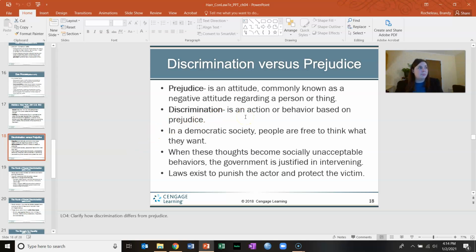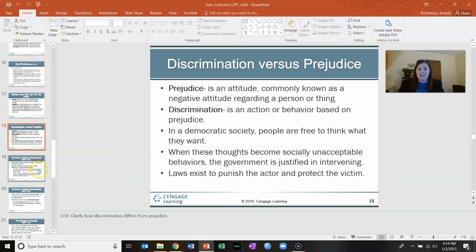Discrimination is an action or behavior based on prejudice. So this is the thought, the attitude; this is the action or the behavior. In democratic societies, we have the freedom to think what we want, but when those thoughts become socially unacceptable behavior, the government is justified in intervening.